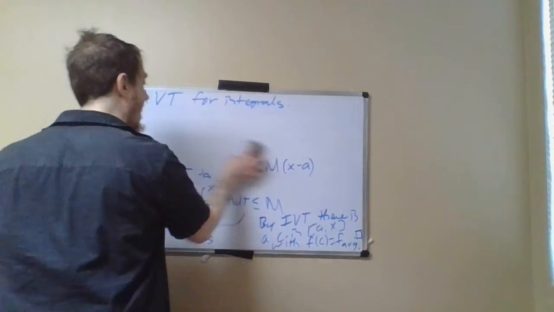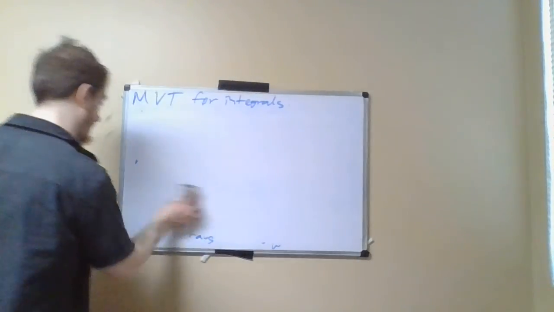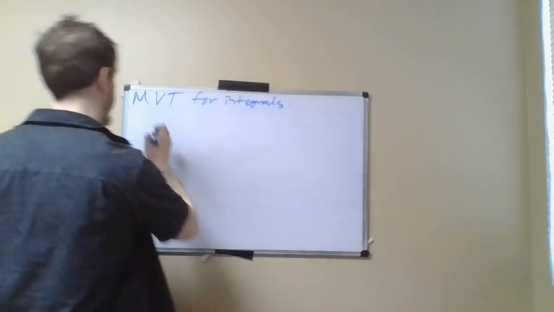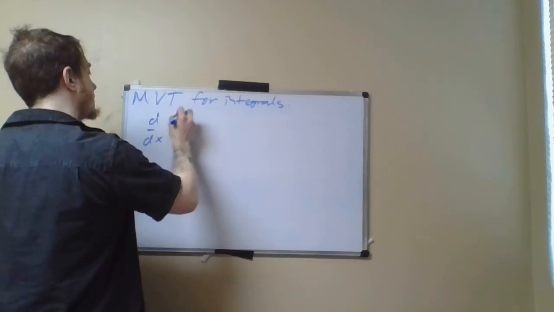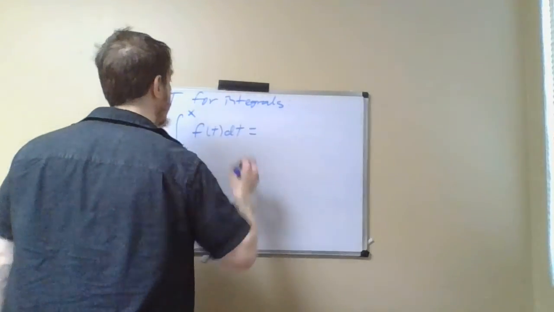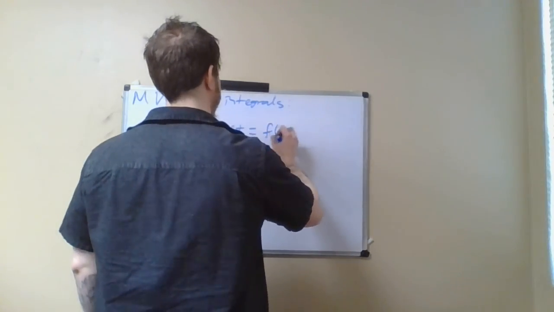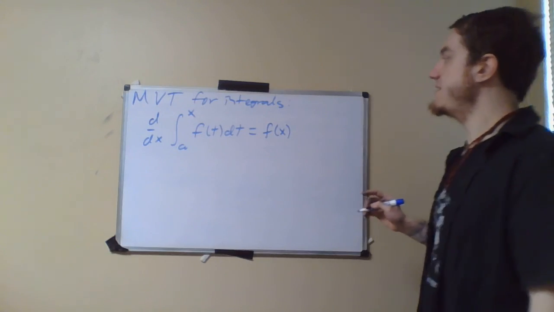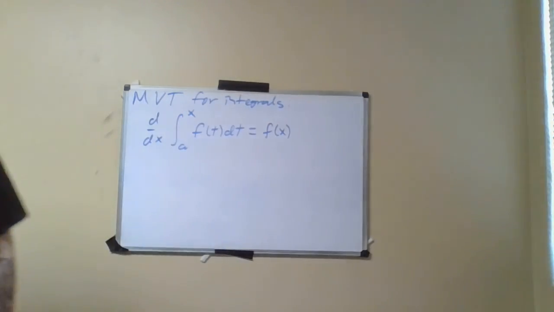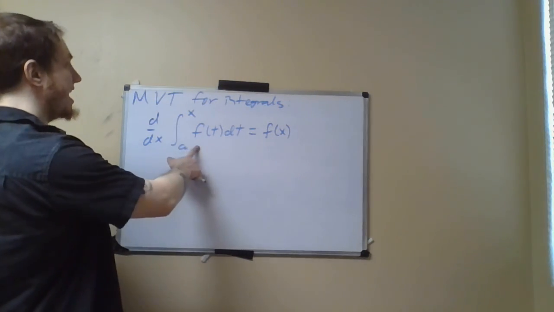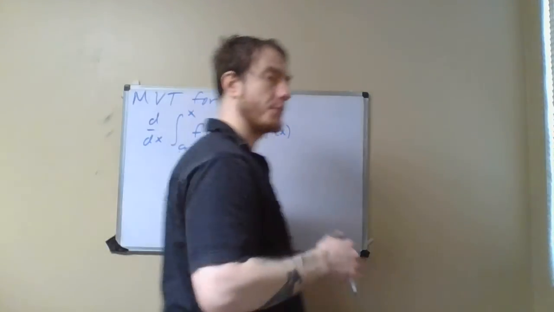Because notice that now that I have this result, remember that the derivative of the integral from a up to x of f of t dt is equal to f of x. And what we just said is that there is some point where this derivative has to equal the average.